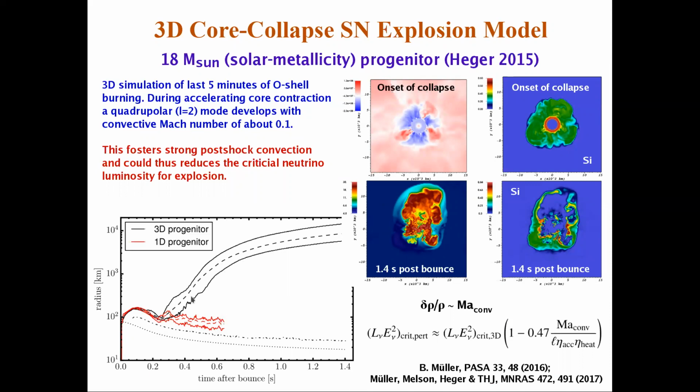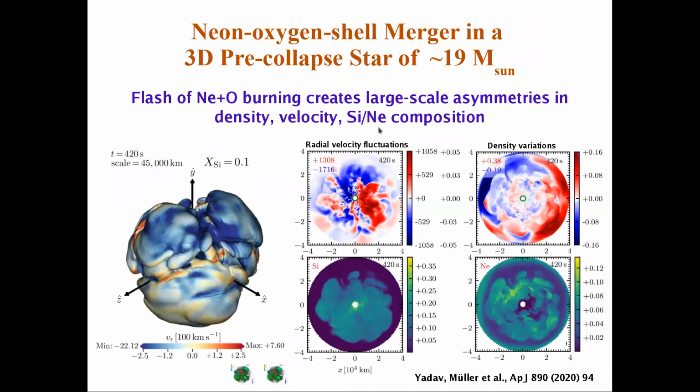It was pushing harder on the post-shock instabilities. It was a seed for even stronger post-shock hydrodynamic instabilities. This helped the explosion. We have done that now more recently in the case of a 19 solar mass star, which is a very interesting star because that could be a progenitor of the type 87A had.